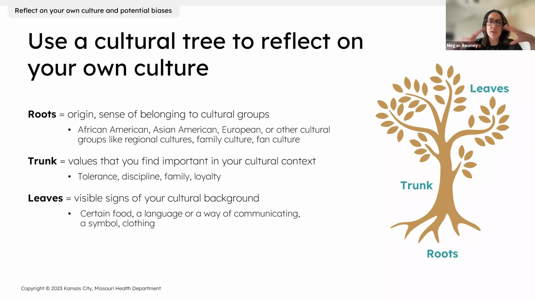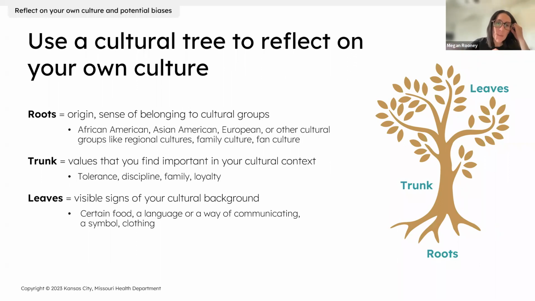You can envision your culture in three levels. You've got your roots, which is your origin, your sense of belonging to your cultural group. It could be your race, your ethnicity, what you identify with strongly. The trunk are the values you identify with or value in your life, such as family, loyalty, discipline, and hard work.